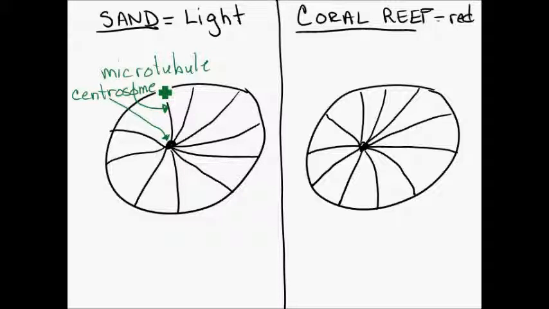The difference between the way the cell looks, depending upon where the pigment is dispersed, is that if the cell is going to look light, the pigment is all concentrated at the centrosome, in a very tight little dot. And that makes the cell as a whole look relatively light. So this red represents the pigment.